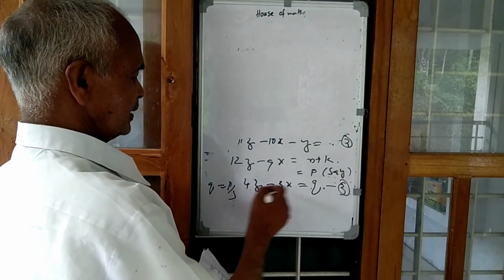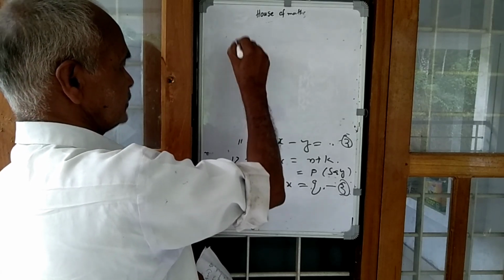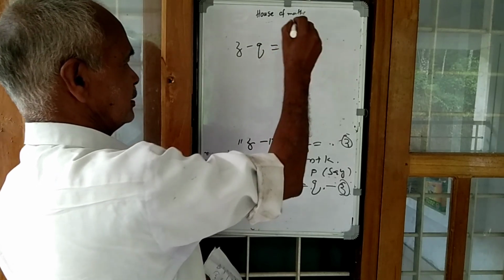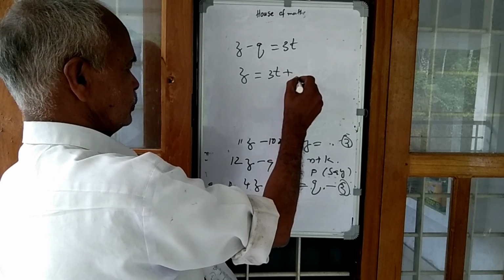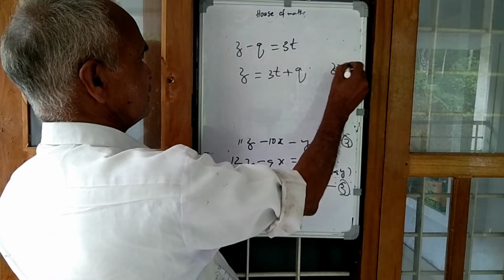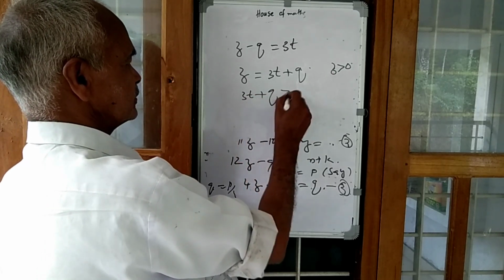Again, we can easily find out. We can see that z minus q equal to 3t. Then z equal to 3t plus q, where z is always greater than 0, therefore 3t plus q is greater than 0.